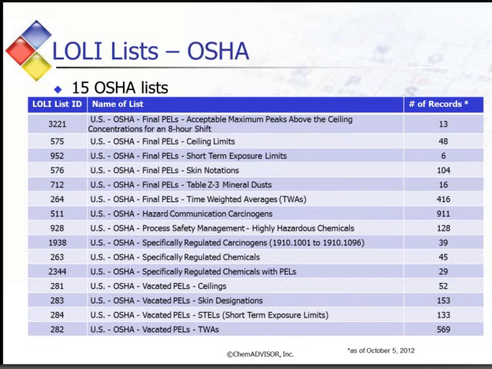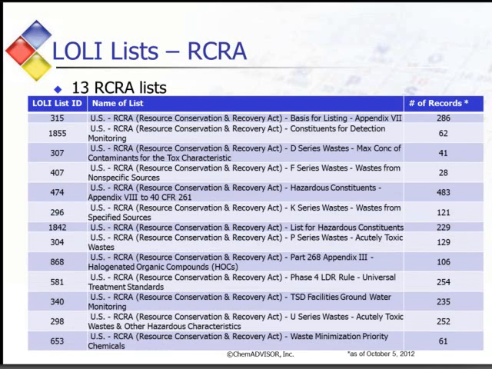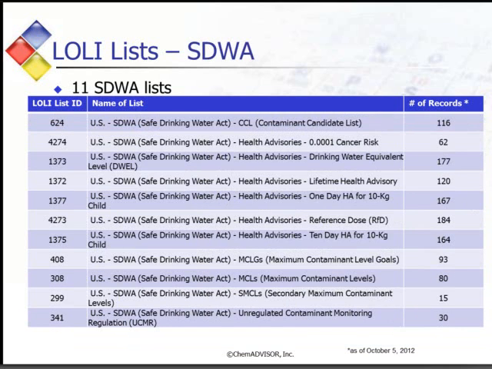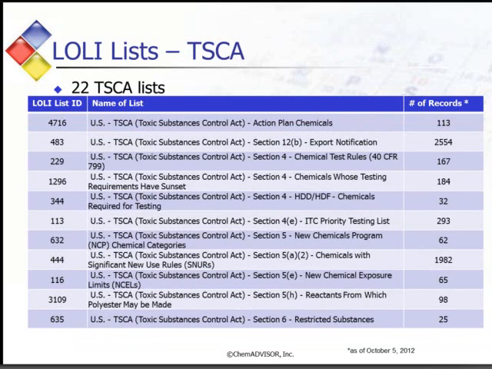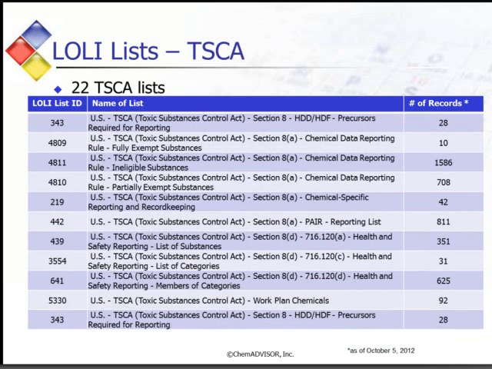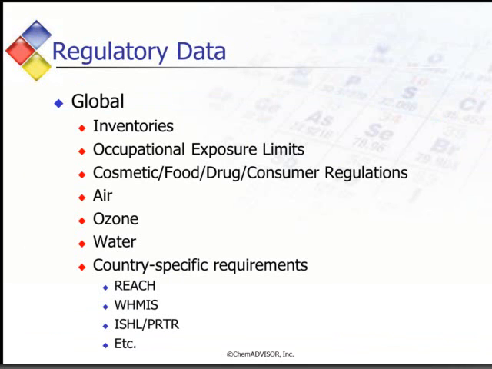The Resource Conservation and Recovery Act, the Safe Drinking Water Act, and finally TSCA. We have 22 TSCA lists that support inventory status, import, export, and other elements of compliance beyond simply hazard communication.